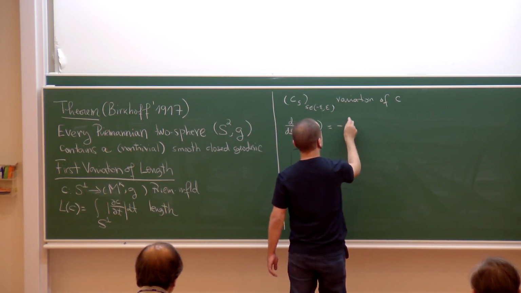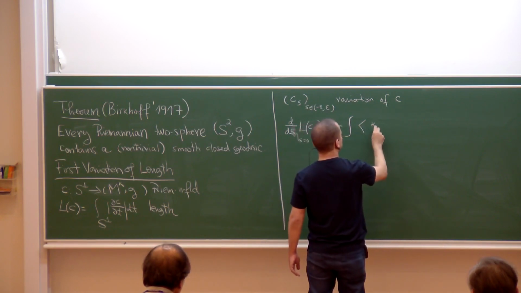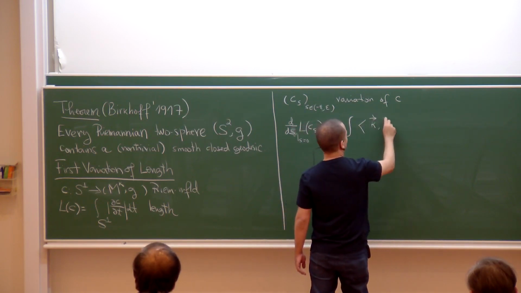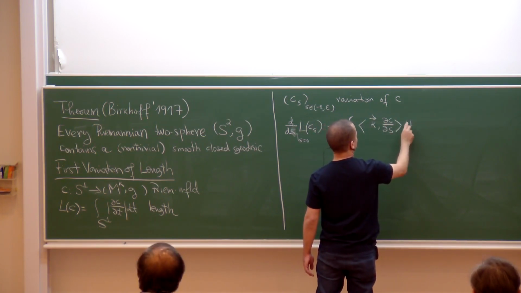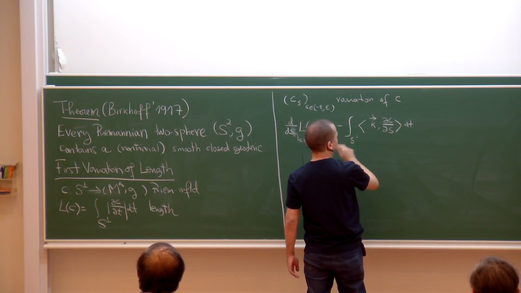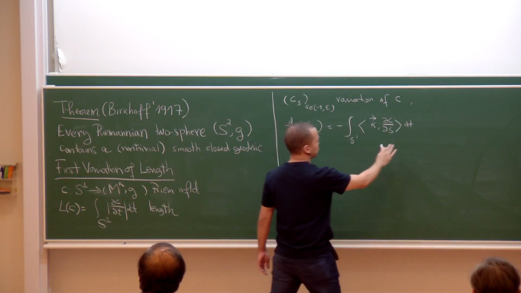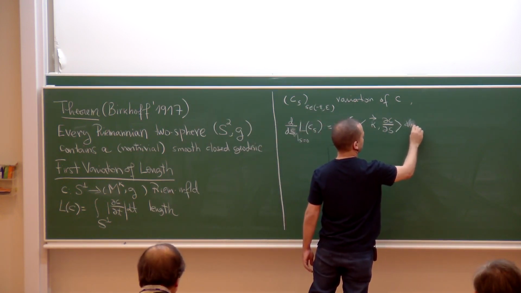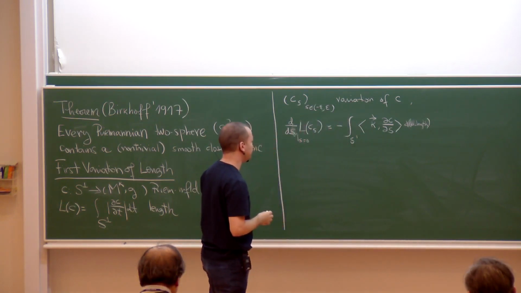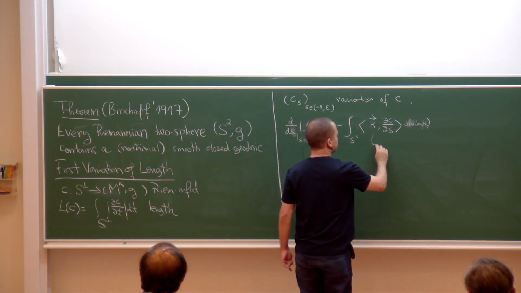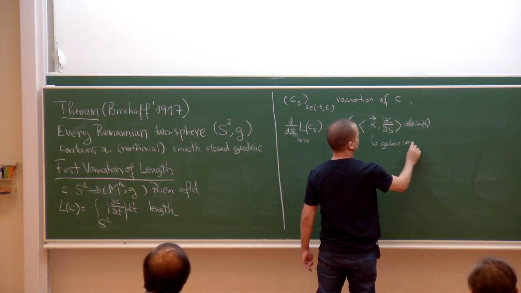This turns out to be the integral of the scalar product between the geodesic curvature vector of the curve and the velocity of the variation. I'm assuming here that my curve is parametrized with respect to arc length, and the integral is with respect to the arc length measure on the curve. K here is just the geodesic curvature vector.